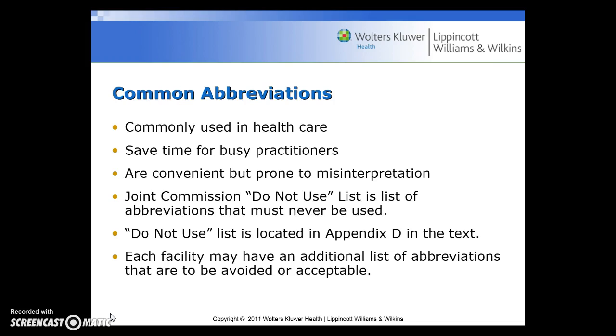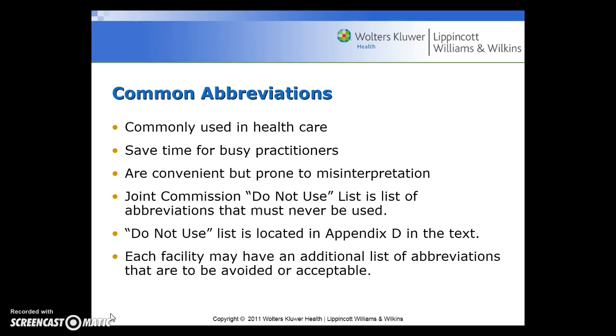The Joint Commission, that's the body that regulates healthcare, has a do not use list of abbreviations that must never be used. This is located in Appendix D in the text. The reason for this is because these particular abbreviations are most commonly misinterpreted and have led to many medical errors and deaths.